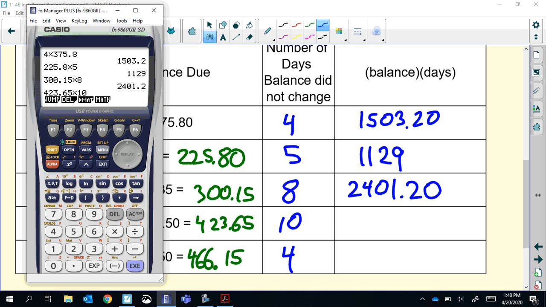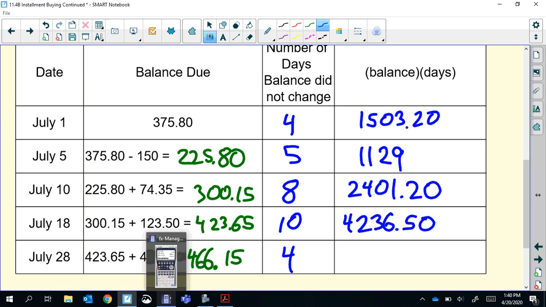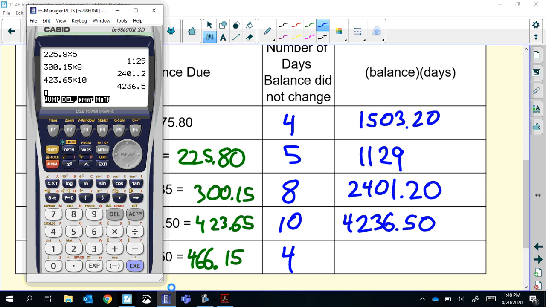I'll type it in. That's easy though. I'll just move the decimal. And then 466.15 times 4 days.